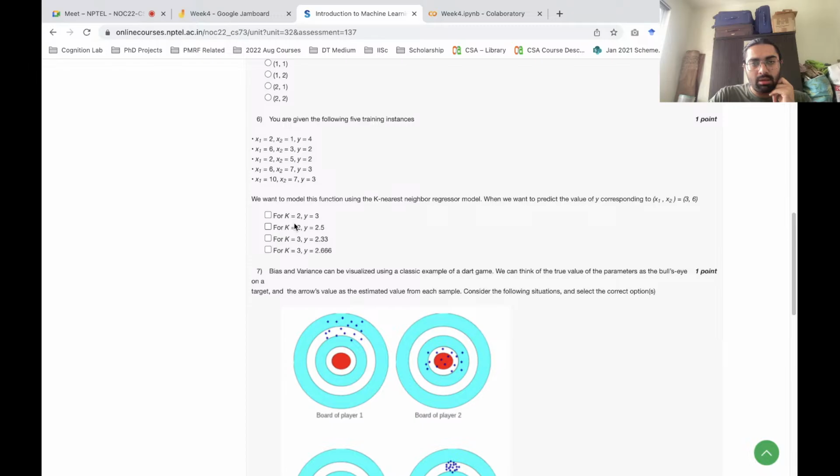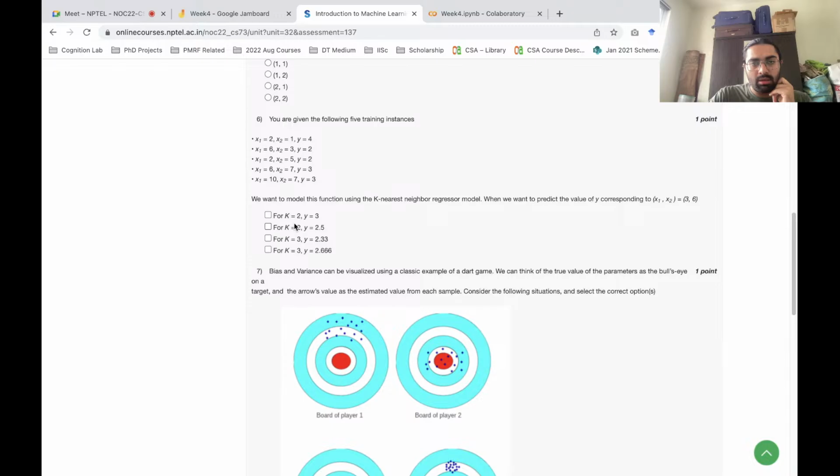Then you have the bias and variance chart here. This is a very classic example for trying to understand what bias and variance mean. Players 2 and 3 have low bias because they're close to the center, which is where you want to go.